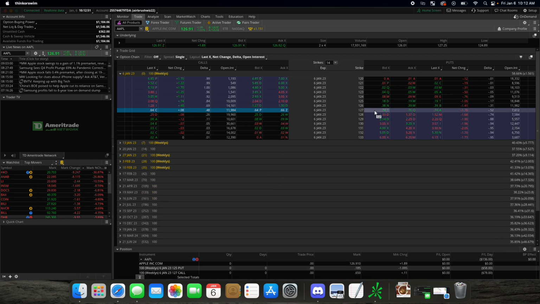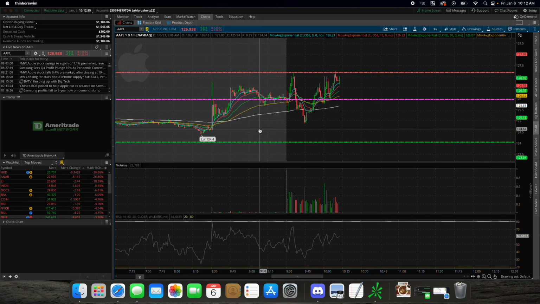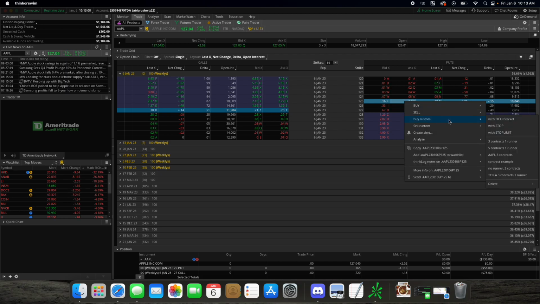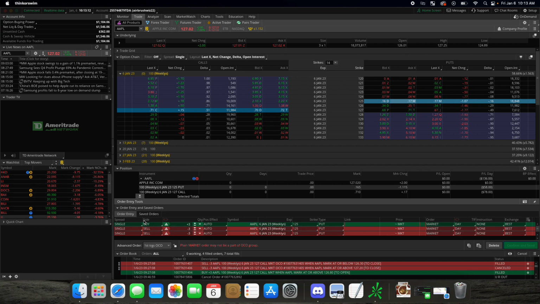But now let's do a put. So our target this morning was 124.60. So we're going to back off of that by 50 cents. So that means our strike price will be 125. So we'll go here, right click, buy custom, Apple 3 contracts. Sweet. So our purchase of the put is in green.